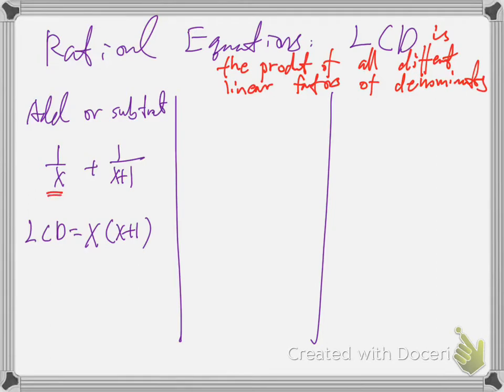So we get x times x plus 1. For this example, the linear factors are x and x plus 1, so the LCD is x times x plus 1.